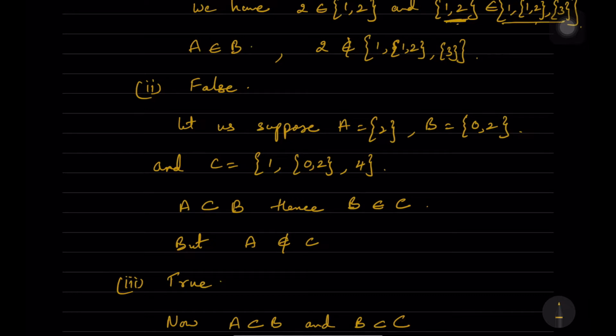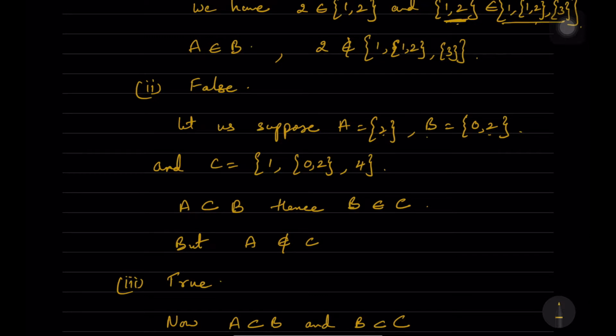So therefore here you are having A is a subset of B. We can definitely see that 2 is there, therefore this is a subset of B. Because this is only one element, it is there in B and A, therefore A is a subset of B and B belongs to C.